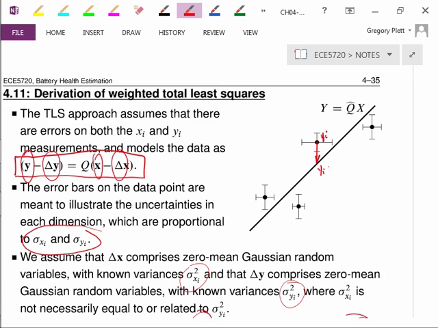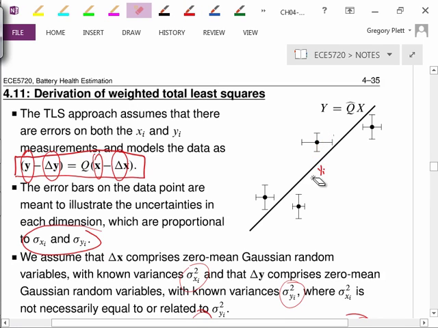The data point xi, yi now maps to some point on the line, capital Xi, capital Yi, and that point on the line may not be directly underneath. It may be shifted over, and it may be different for every point, how that's done.